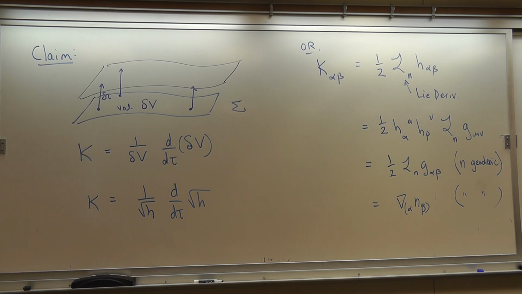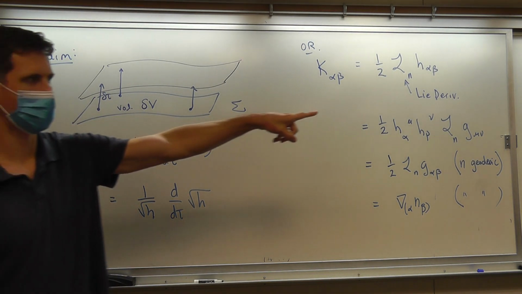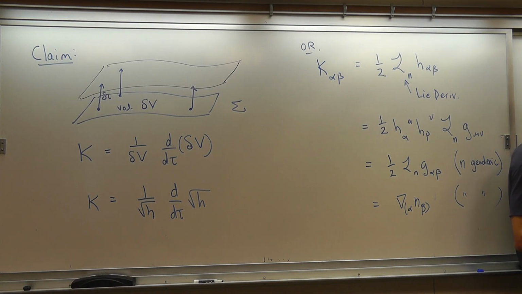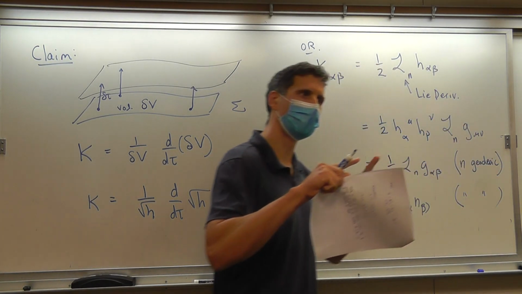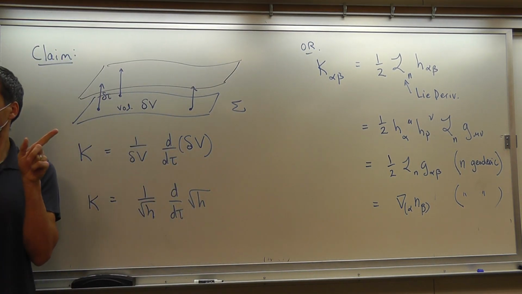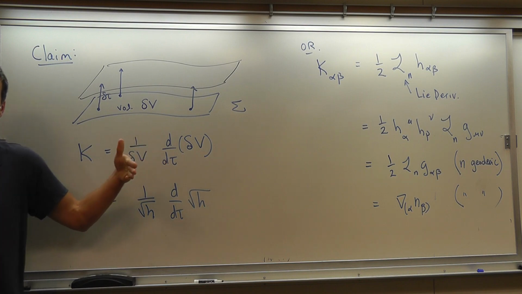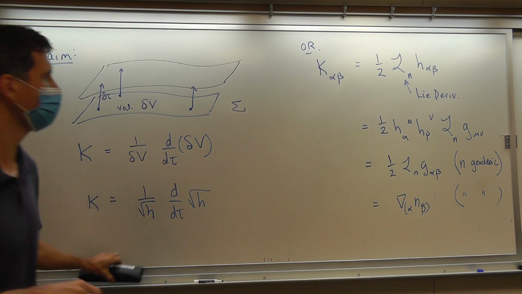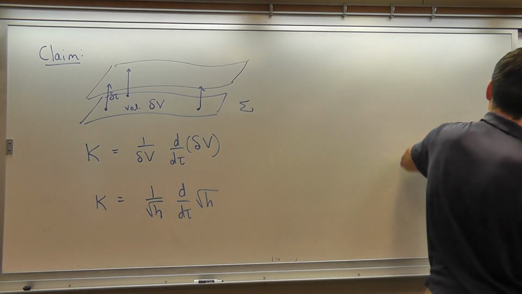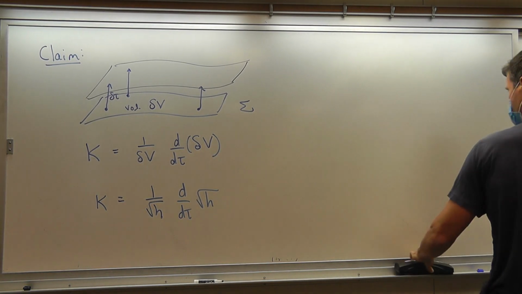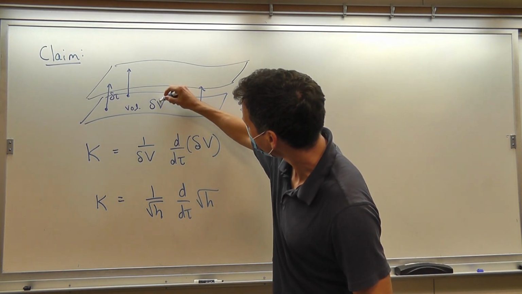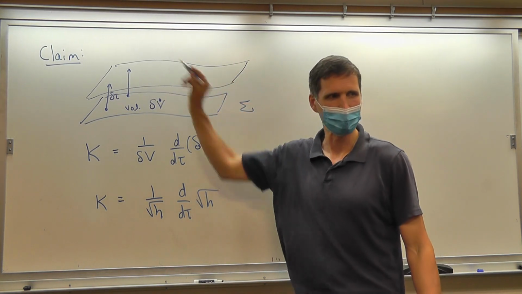This makes a lot of sense given the pictures that we were just drawing, of the convergence or divergence of the normal vector. If the normal vector is converging, then the hypersurface is getting squished. If it's diverging, the hypersurface is stretching. So is δV some small volume element around the point? Yes, that's right. This is all being done infinitesimally, so I've defined δV at a point, and this whole thing you should think of as infinitesimal.